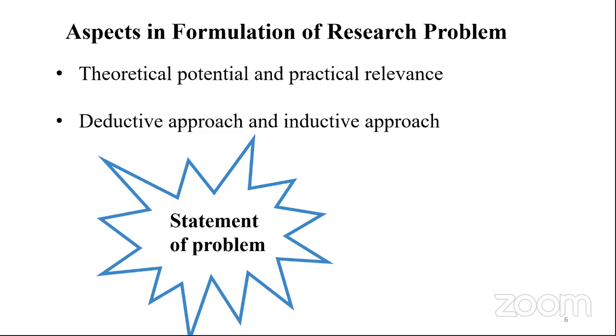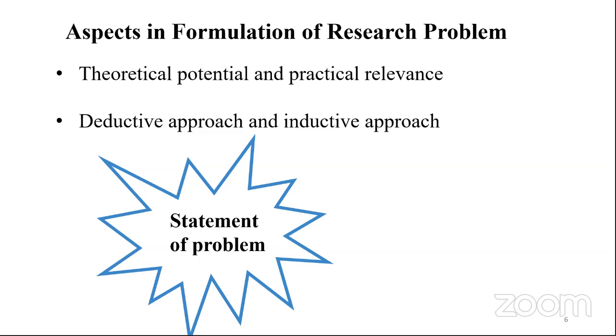For example, you collect some data from your research project, and you should be able to link that data to an already existing theoretical structure. That is, it should support the existing theory. If it does not support the existing theory, it should be able to refine it. Or sometimes, you can come up with a new theory altogether from the data that you have collected.